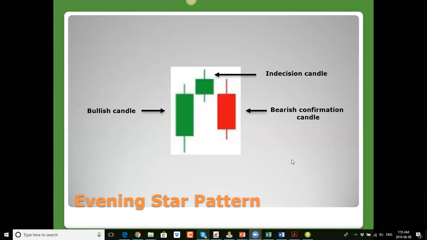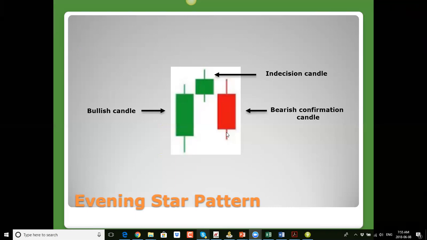So if you take a look at this, this is what it will look like. So we'll have a bullish candle, and then in the middle, like I said, we could have a small candle that looks like this, or we can have large pins on both sides with a little candle body. But this candle here shows indecision in the market. So this shows that the bulls are losing, or the price is losing momentum, and now we could reverse.